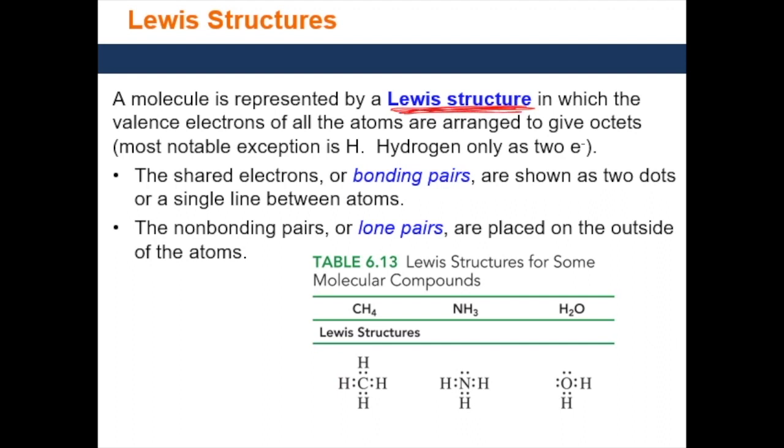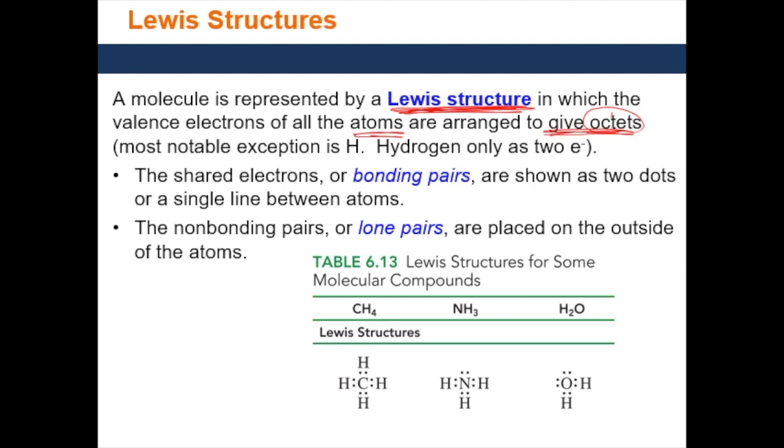Here the idea is that we arrange the electrons so that each atom has its octet completed. So we are trying to see that each atom has 8 electrons around itself. There are again some exceptions to this. We'll talk about those in a little bit.